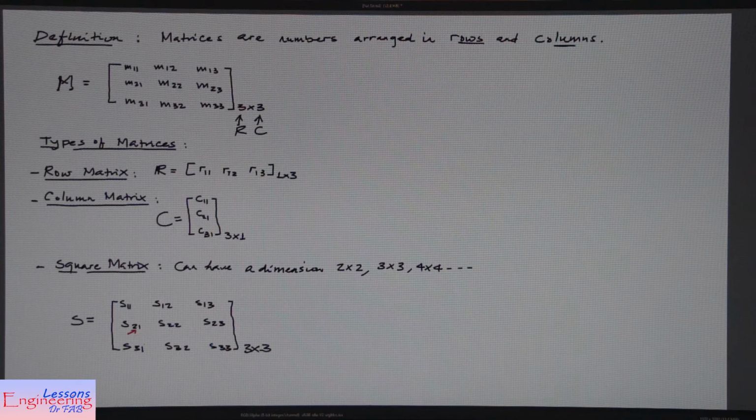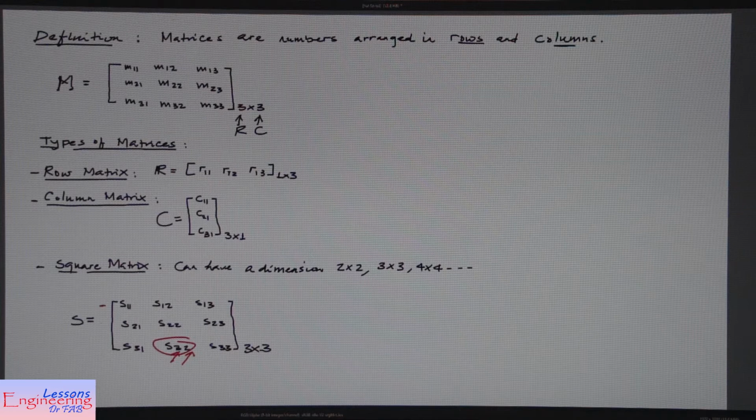Okay, so as such, any given element in the square matrix or in any matrix is telling us where that element is. So in this case, for example, this element is on the third row and second column.